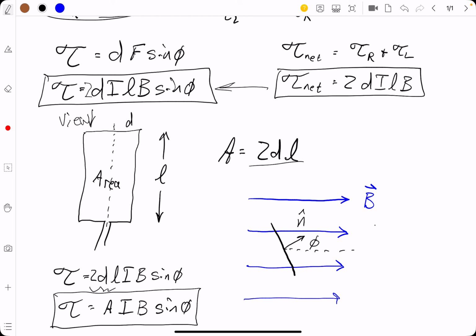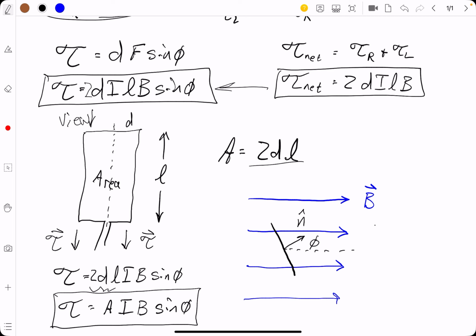Now, okay, I showed you that in our case, the torque pointed down. Okay, and that's true. All right. The thing, though, happens to rotate clockwise or counterclockwise, depending on which way the current is flowing.